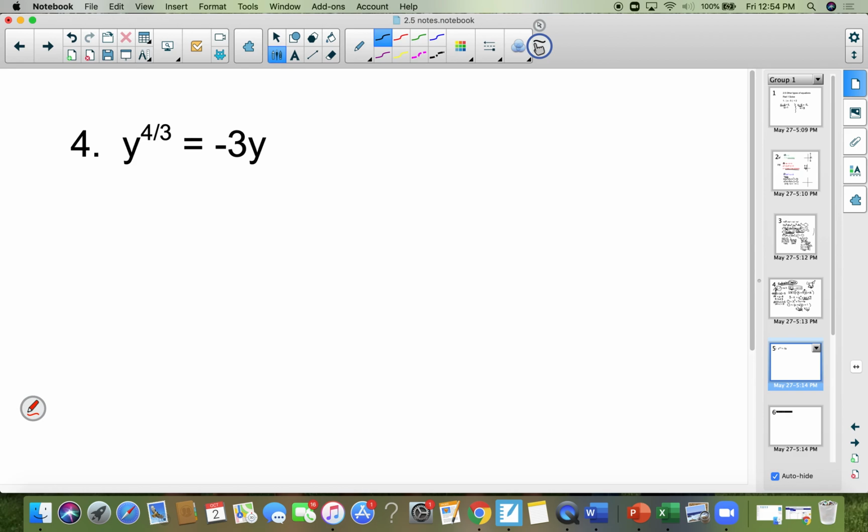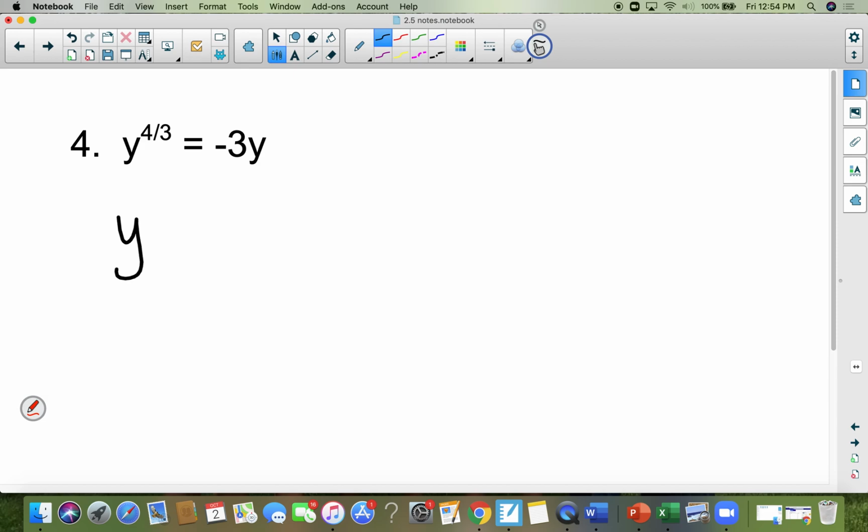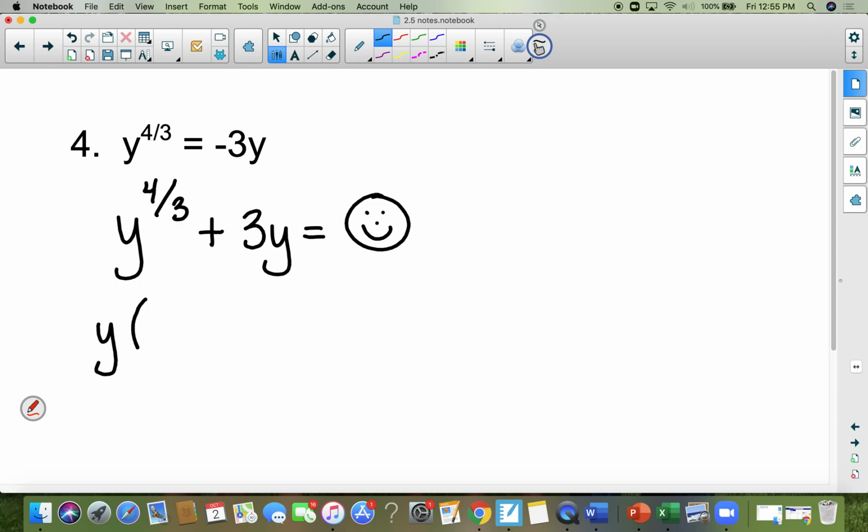I am going to leave the y to the 4/3 and bring the 3y over to the left side. I brought the 3y over to the left side, and you're going like, what am I going to do now? I've got y to the 4/3 plus 3y equals 0. They have a greatest common factor, and the greatest common factor is y.